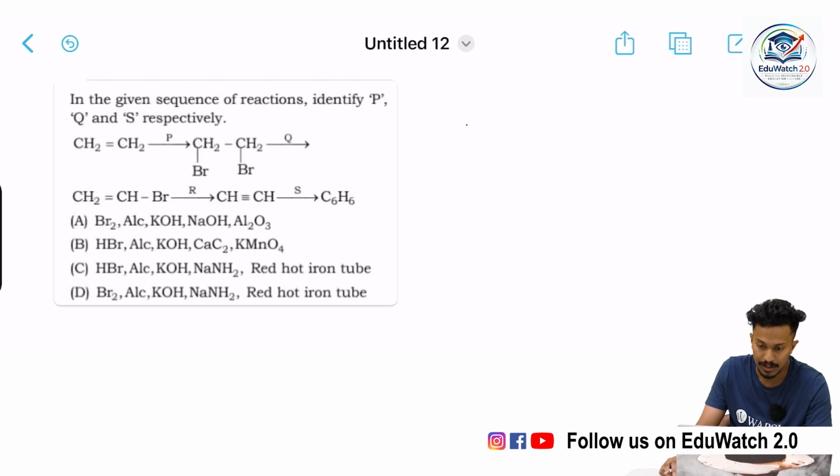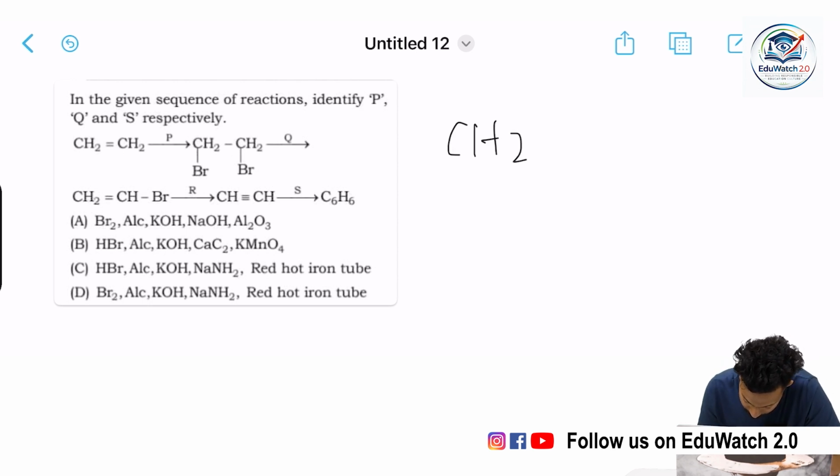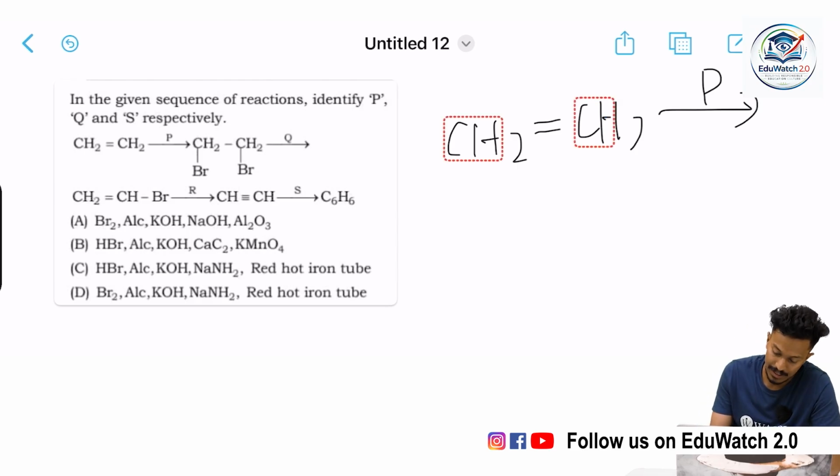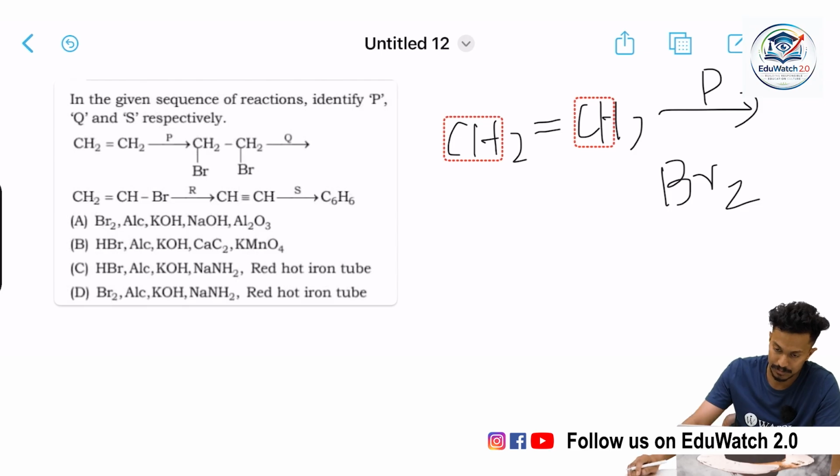Here we have bromine. First one is an addition reaction, HBr or a bromine reaction, where bromine is added to the alkene group. CH2 double bond CH2 in treatment with P. P is bromine, Br2. We do know that P is bromine.